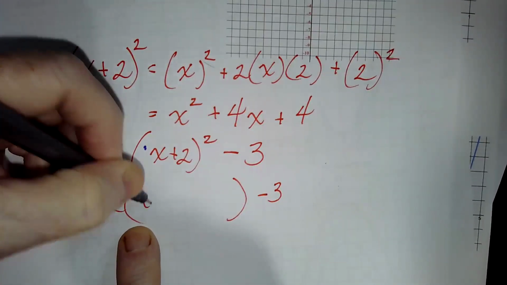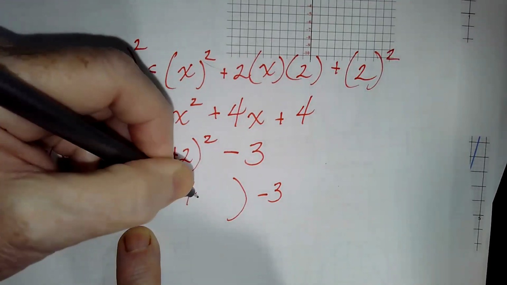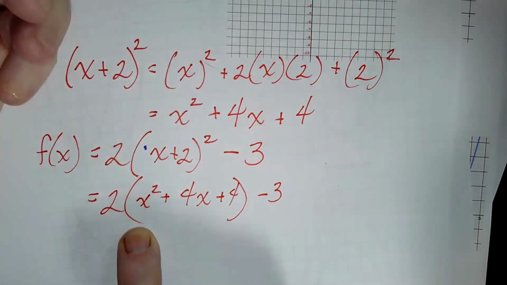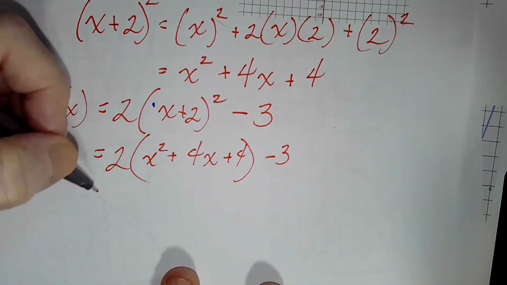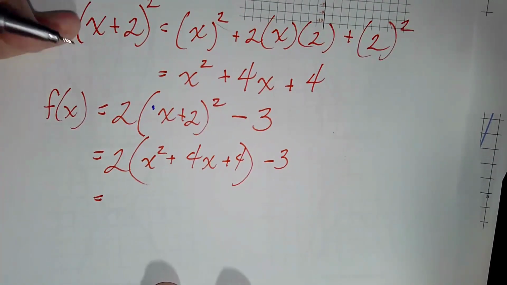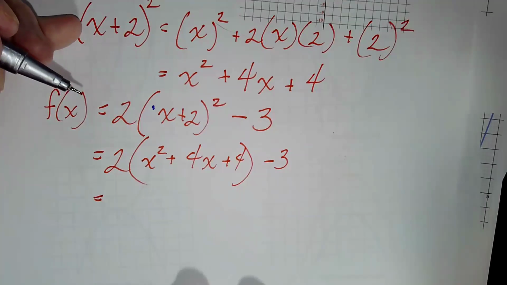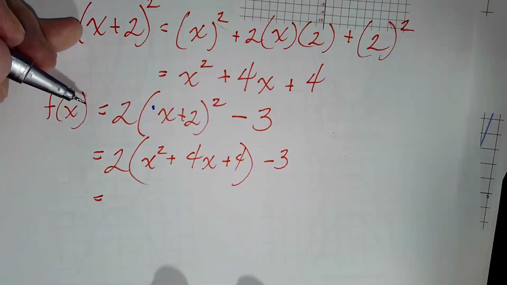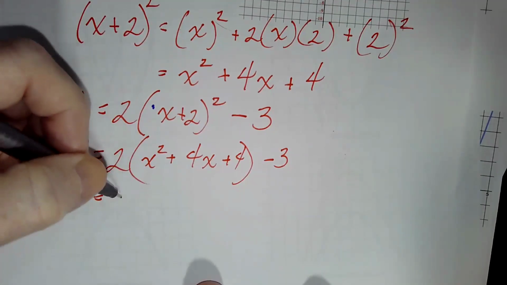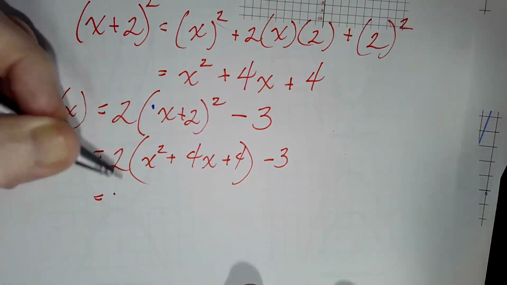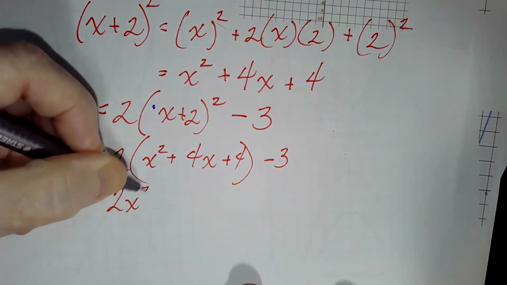And if we multiply through by 2, 2 times 1 x squared is going to be 2x squared, good.